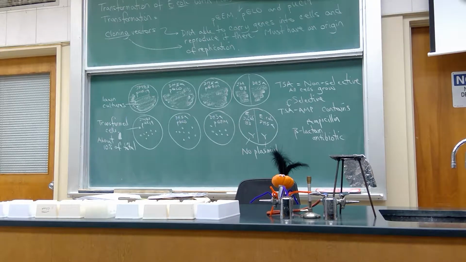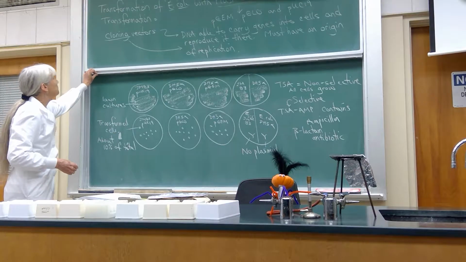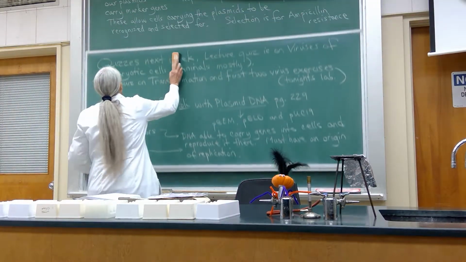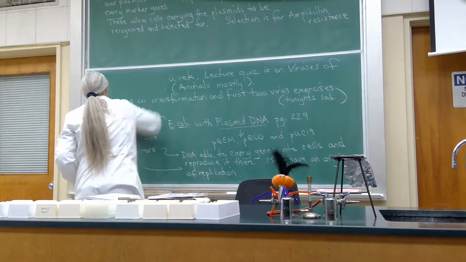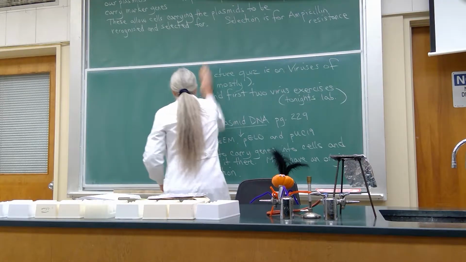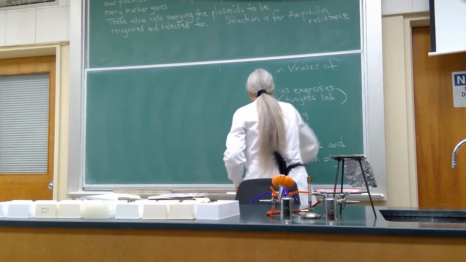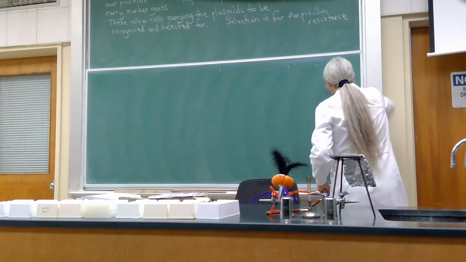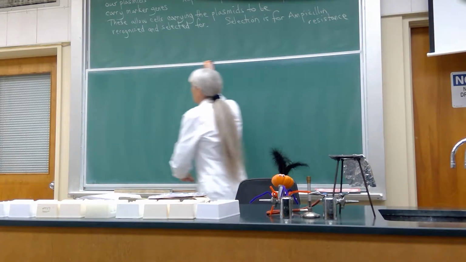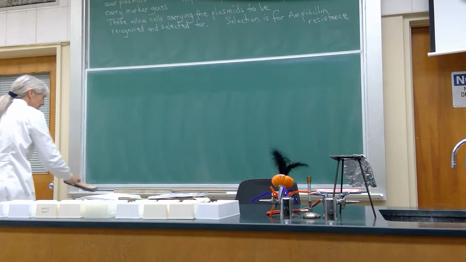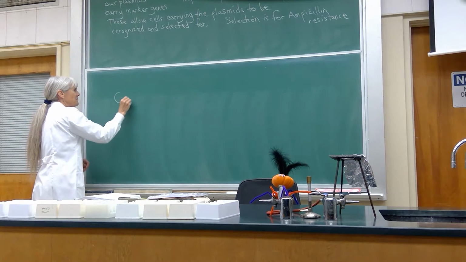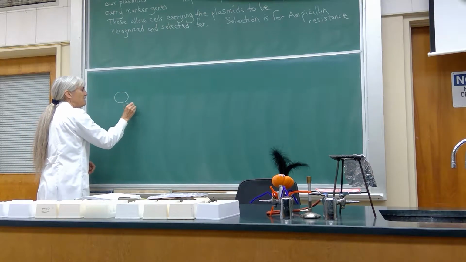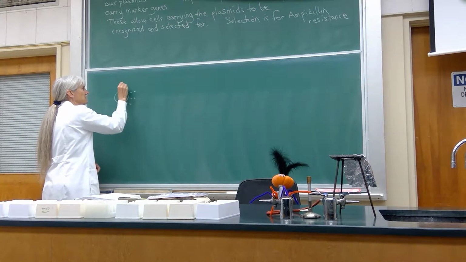But there's another little interesting feature of these colonies. Hopefully you'll be able to see this. Most of the ones that I looked at showed at least some evidence of this. Here will be a colony, and around the outside, there are some little bitty colonies.